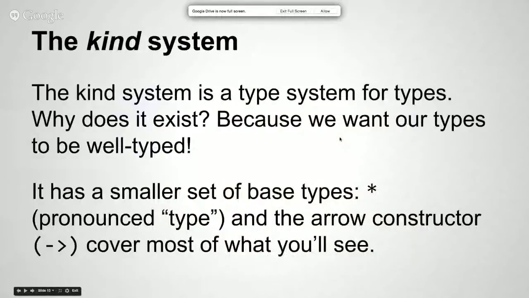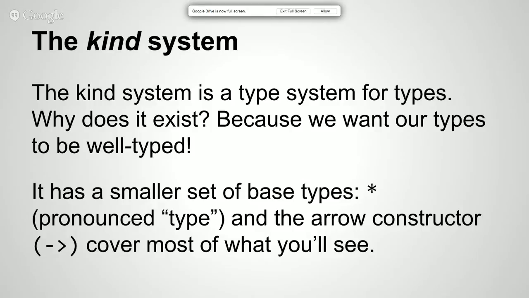So the good news is that our kind system is simpler than our type system. The purpose of a type system is to be a simpler kind of computation that you use to reason about computation, and so the kind system should be even simpler than the type system, and it is. We have a base type called Star, or Type, and the arrow constructor. The kind-level arrow constructor has nothing to do with the arrow type constructor, which exists at the type level.